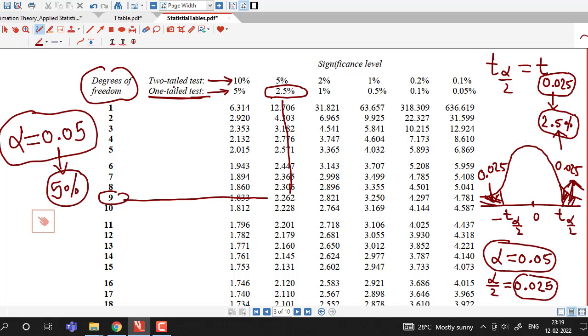So in that case we will concentrate on the two-tailed test, and under two-tailed test we will find the 5% significance level. We are using this two-tailed test and 9 degrees of freedom, and we can see we have the same value 2.262. So as per the convenience of the given table in the examination, or as per your choice, you can use either one-tail test or two-tail test.